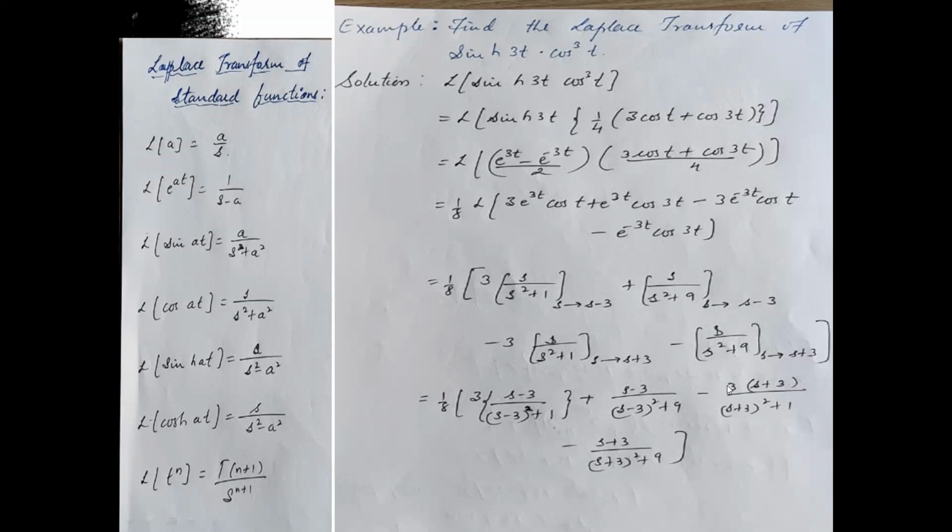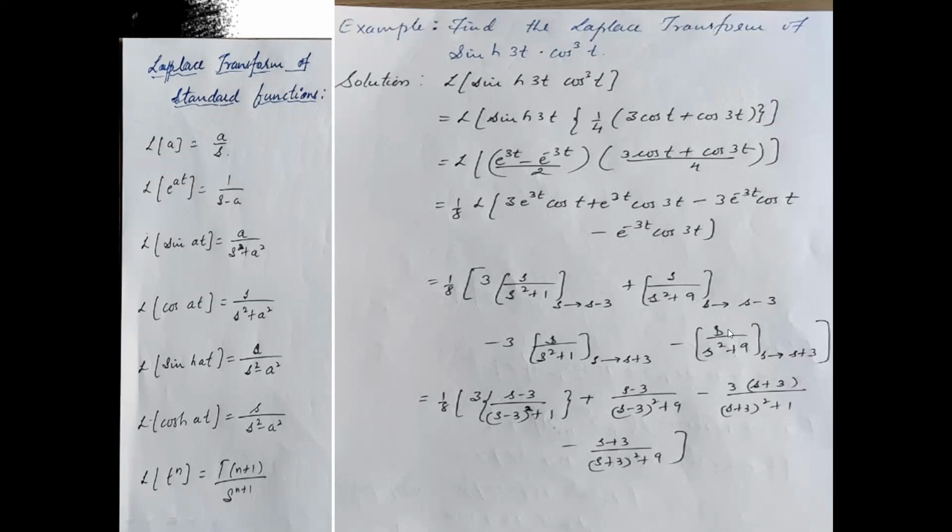Now replace all the s's by the corresponding terms written there. Now it is 3, then s is replaced by s minus 3 divided by s minus 3 whole square plus 1, plus again s is replaced by s minus 3, divided by s minus 3 whole square plus 9, then minus this term 3 constant, s is replaced by s plus 3, divided by s plus 3 whole square plus 1.